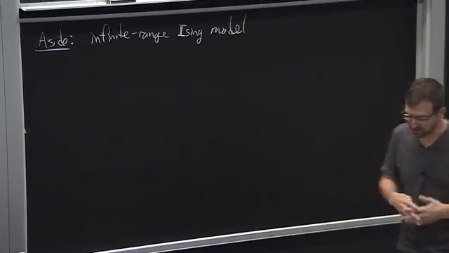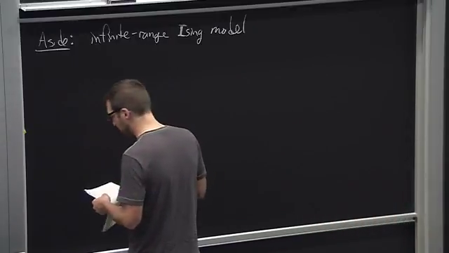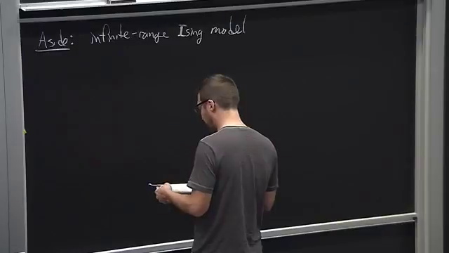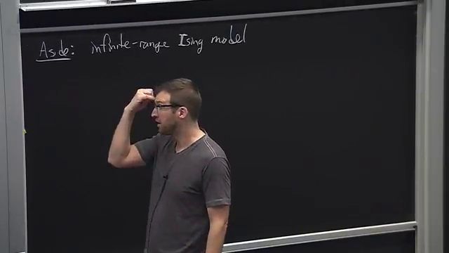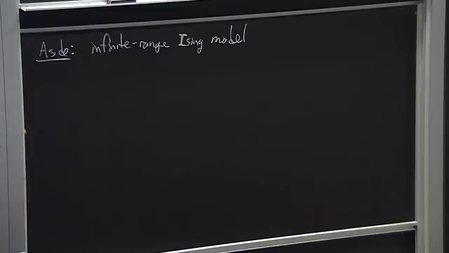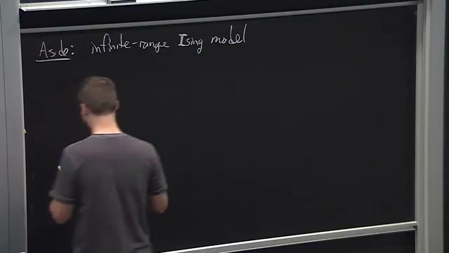Okay, so we're going to come back to this functional integral. Actually, let's use it here. We'll just do the Hubbard-Stratonovich transformation here in the case where we have an infinite range Ising model.